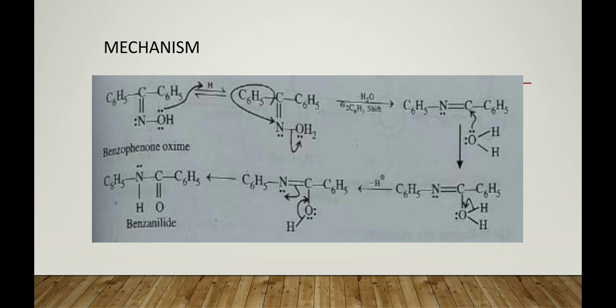At that point the water departs from nitrogen, and the R group with its electron pair migrates to N, and the resulting cationic species reacts with H2O to form an aminol, and the aminol undergoes tautomerism to give the N-substituted amide. One thing to be noted in the Beckmann rearrangement is that the group anti to the OH group in the oxime is the one that migrates.